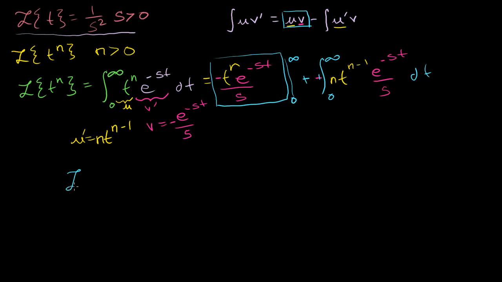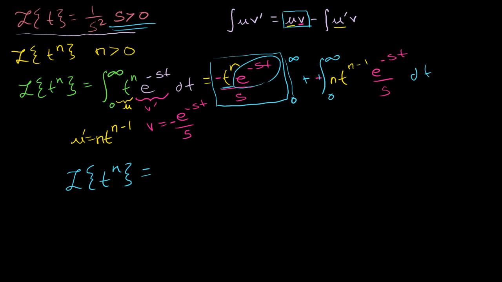And let's see if we can simplify this a little bit. So we get our Laplace transform of t to the n is equal to this evaluated at infinity and evaluated at 0. So when you evaluate, what's the limit of this as t approaches infinity? As t approaches infinity, this term, you might say, oh, this becomes really big. And I went over this in the last video. But this term overpowers it because you're going to have e to the minus infinity if we assume that s is greater than 0. So if s is greater than 0, this term is going to win out and go to 0 much faster than this term is going to go to infinity.